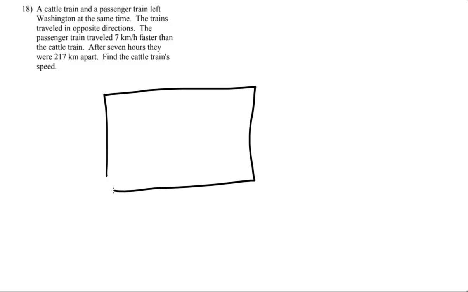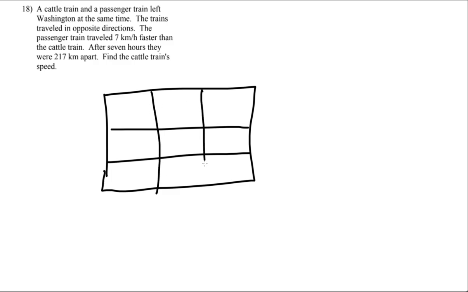So for problem number 18, this is a distance problem, or a rate times time equals distance. So if I were to create a matrix here, okay, I know that rate times time equals distance.